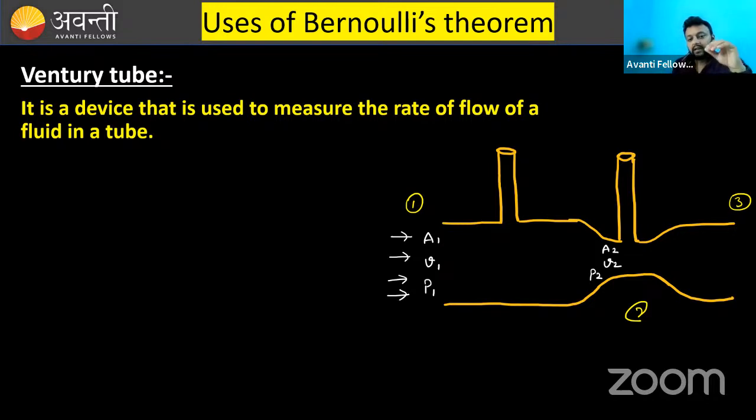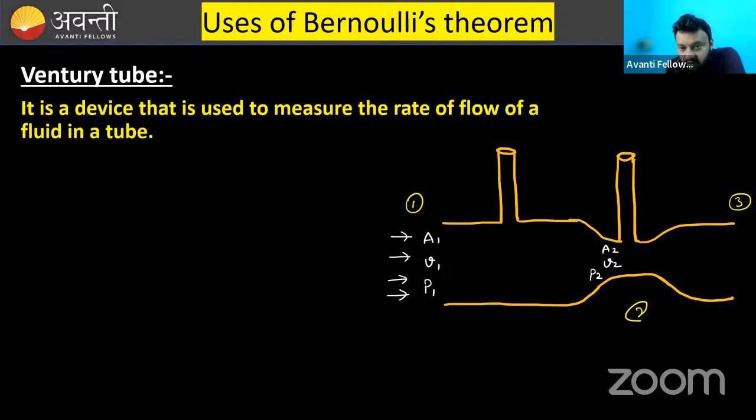Now, what happens? You know that velocity will be more at end 2. Why? Because area is less, so velocity will be more. Velocity is more, so pressure will be less. Now, there are two narrow tubes attached at the two cross sections, cross section 1 and cross section 2. There is a pressure difference.